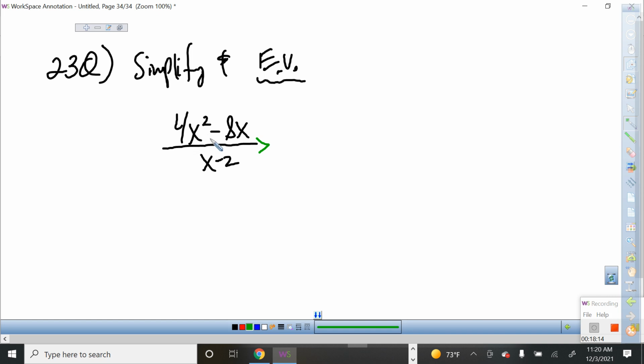No Power Rangers, no square roots, but we can check for DCF. What's DCF? 4x, and that leaves us with x minus 2. The denominator. Can we factor this anymore? Not really, but what would be the only number that divides both terms? A 1, right? So we're left still with x minus 2.